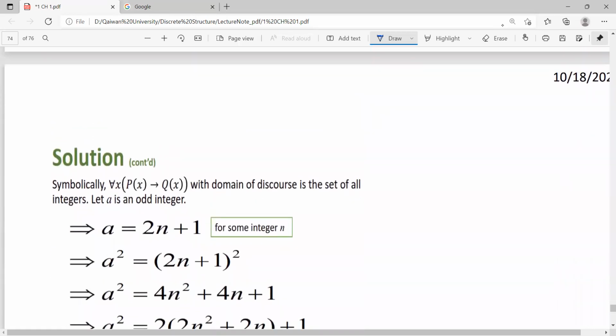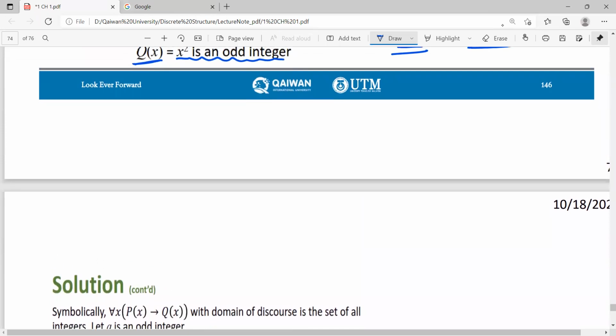It's given that x is odd. We say if a number is odd, it could be expressed as, let's say, a equals 2n plus 1. It's the definition of an odd number.